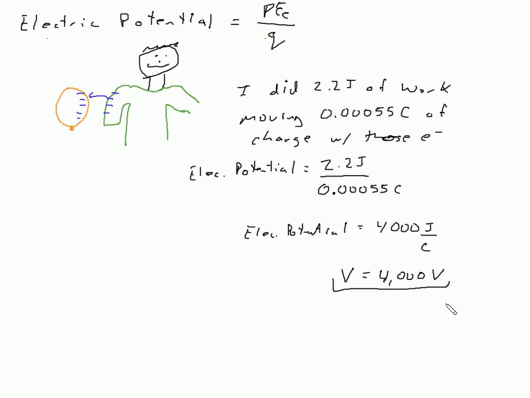In current electricity, the charges just keep flowing, and every coulomb that comes through carries 4,000 joules of energy. So when you talk about high voltages of 500,000 volts, that's 500,000 joules for every coulomb. It gets to be a big deal there. But in basic little electrostatics, it's really not a major issue. So we have our balloon that we were charging up in class at about 4,000 volts.